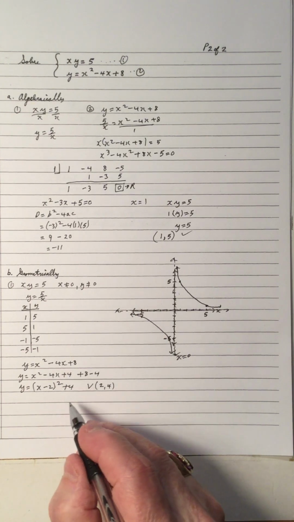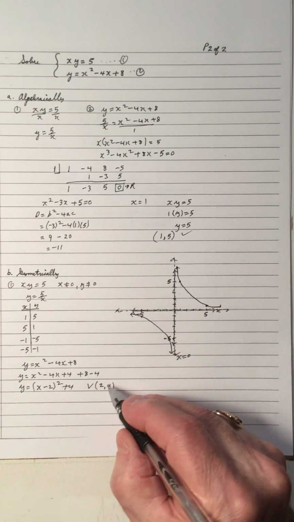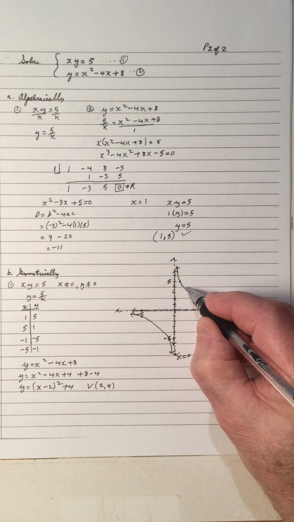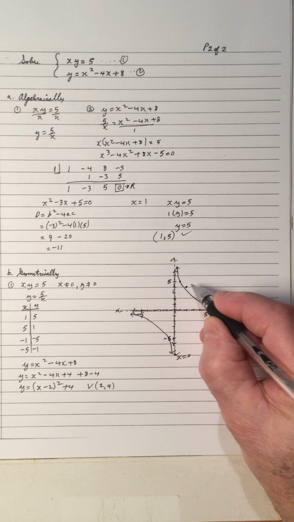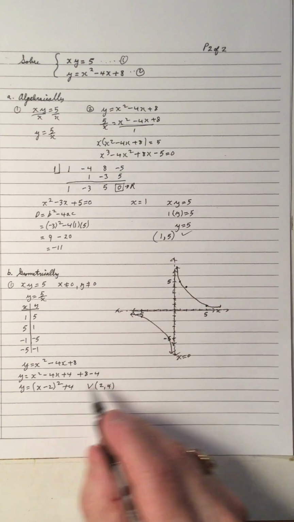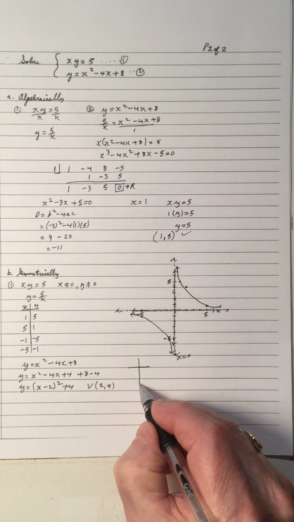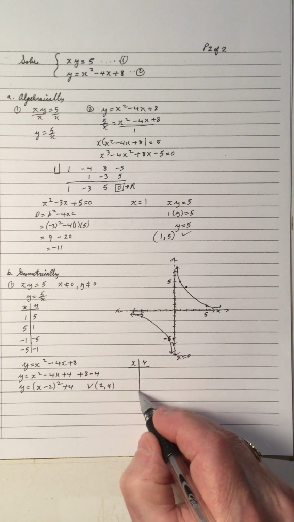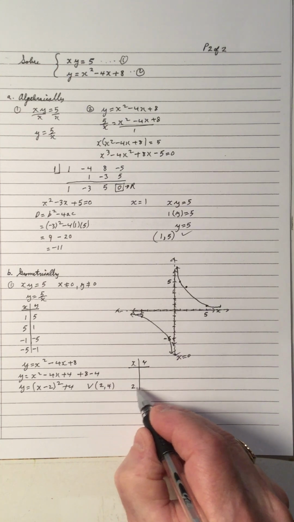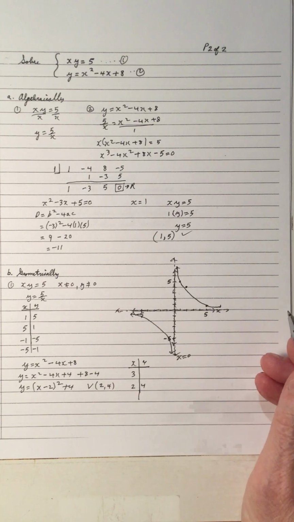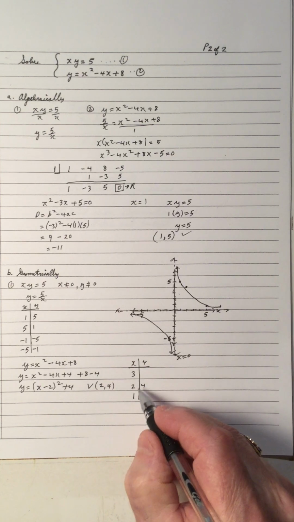So that's right there, and we know that the parabola goes up. So if we take a little table of values for x and y, we put the vertex of 2, 4 in the middle, and we go one number to the right of x and one number to the left of x.